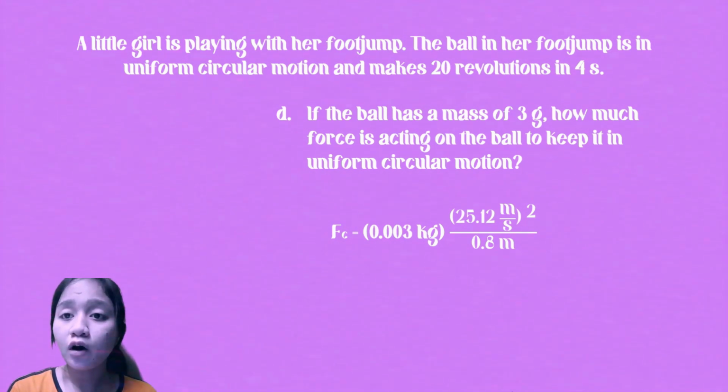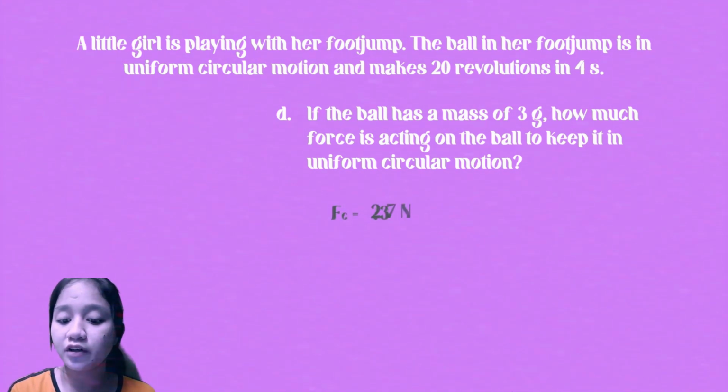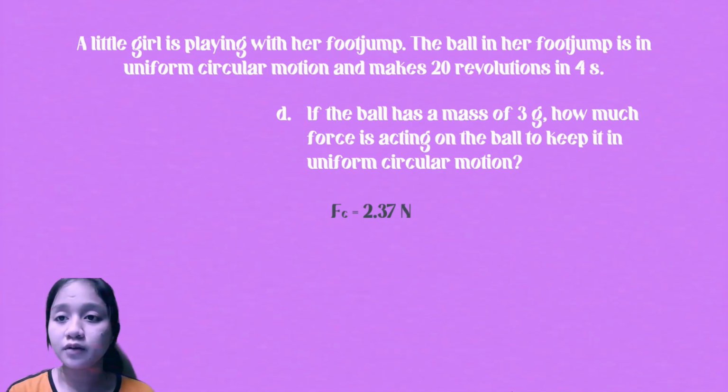We need to convert this so that we are able to express the force in Newtons. So for the centripetal force, we have 0.003 kilogram multiplied by the square of 25.12 meters per second divided by 0.8 meter, so we get F sub c equal to 2.37 kilogram meter per second squared, or 2.37 Newton.